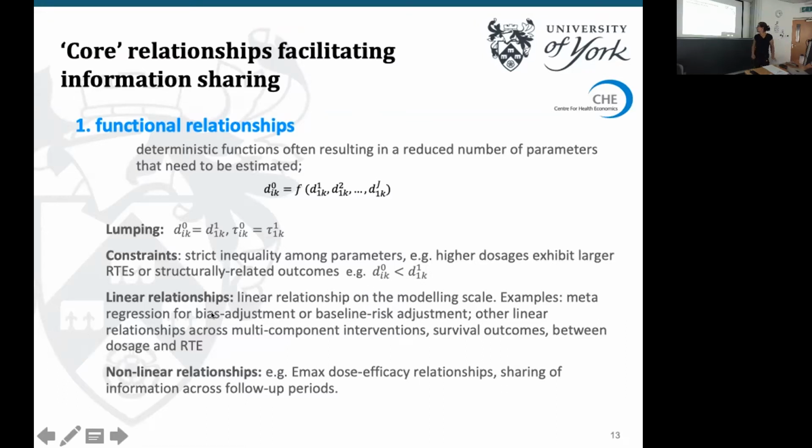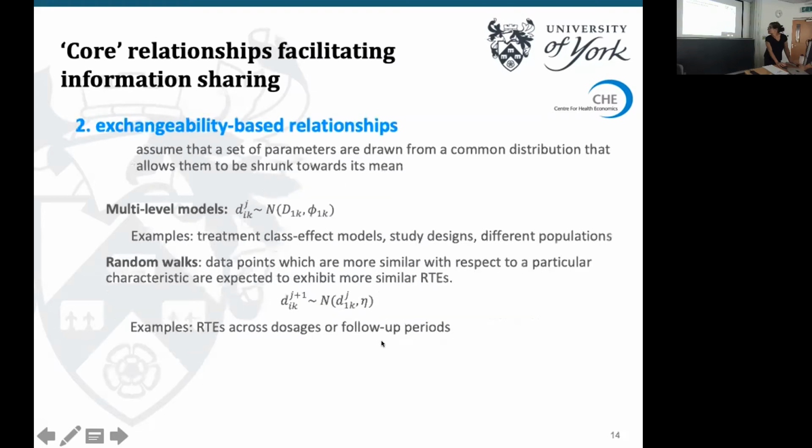Linear relationships, a lot of those, so meta-regression, for example, for bias adjustment or baseline risk adjustment, linear relationships across multi-component interventions, survival outcomes, dosages, etc. Also nonlinear relationships, for those more familiar with early trials, efficacy relationships like the Emax model, is a nonlinear relationship that has been used previously in the literature.